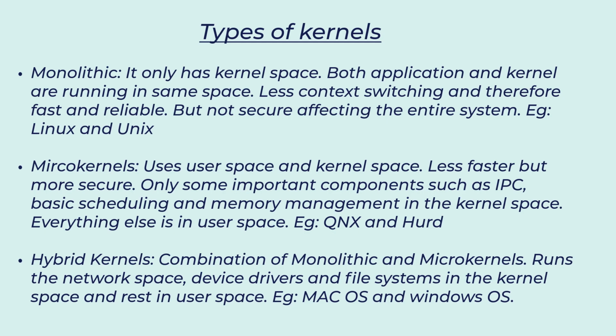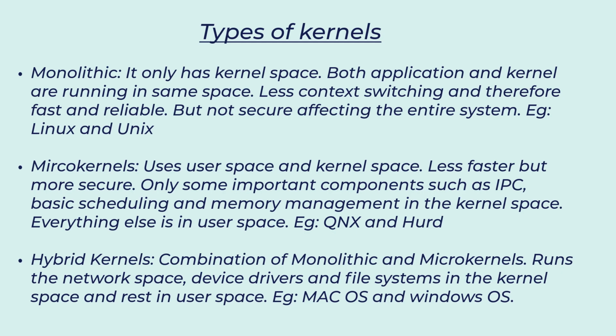All these run in the kernel space and the rest is in the user space. So there is a clear bifurcation between the user and the kernel space, and this leads to less context switching, but we still have it. It's a little faster, and it's also more secure and more reliable.